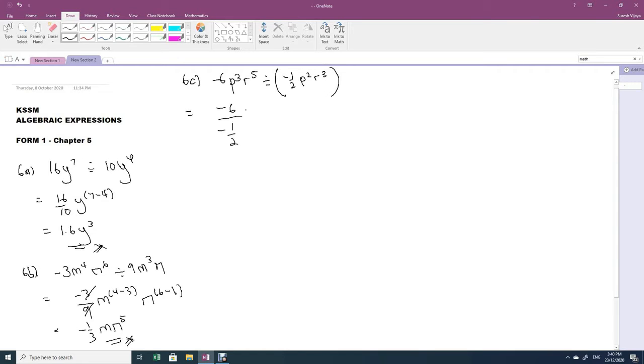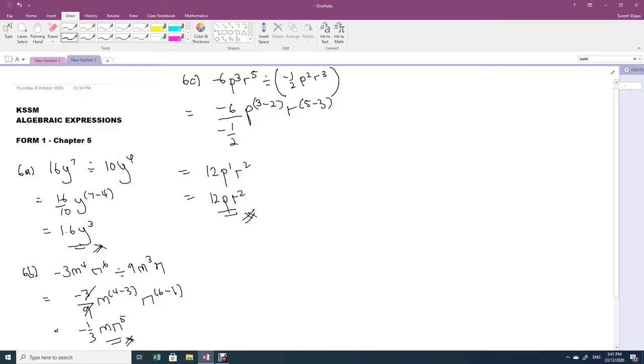Negative 6 divided by negative 1 over 2 will be 12. Use a calculator, you type it in, so you get 12. Then we have p: 3 minus 2 is 1. Then we have r: 5 minus 3, because it's a division, we write it as minus, so r to the power of 2. That's the answer for 6c, 12p r to the power of 2.